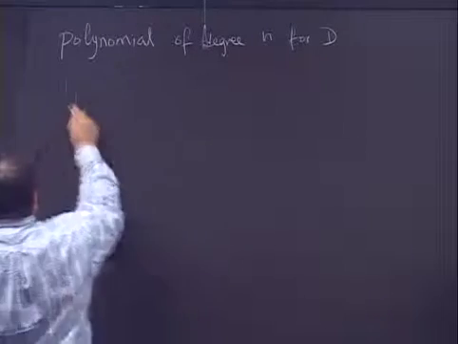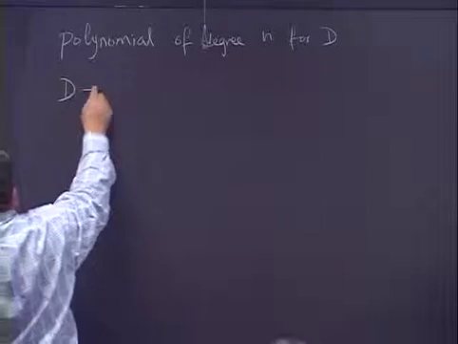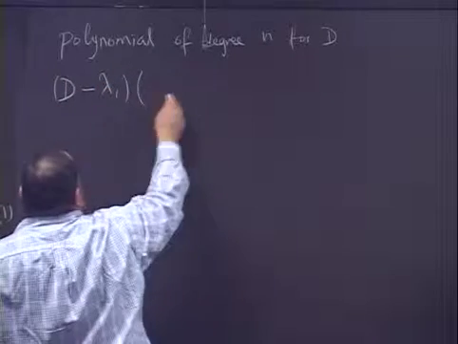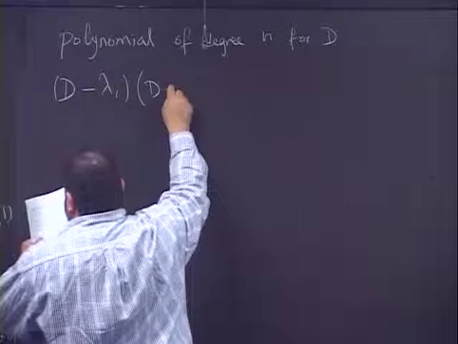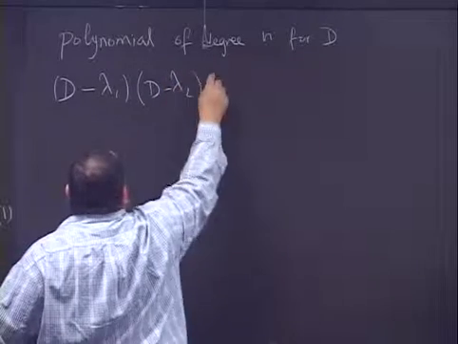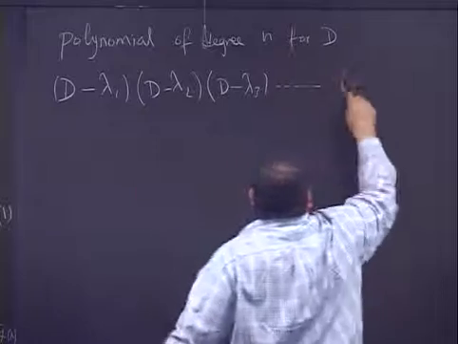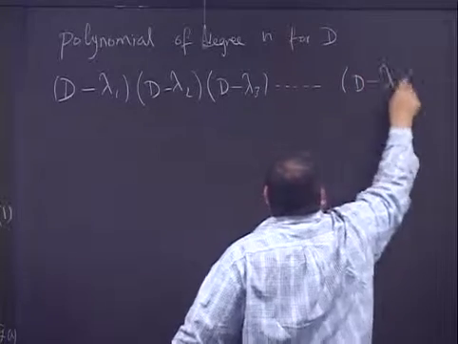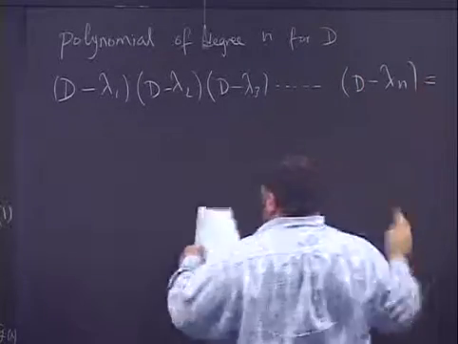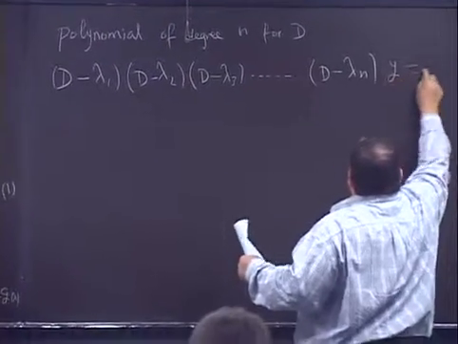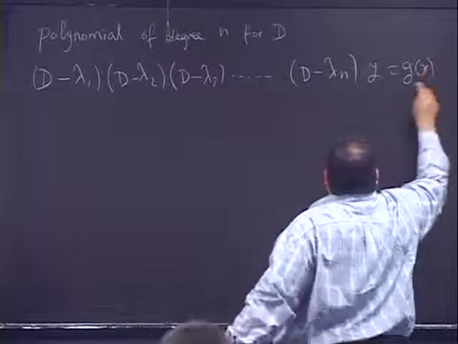So we can solve this polynomial equation, and it will give us (D minus lambda 1) multiplied by (D minus lambda 2) multiplied by (D minus lambda 3), and so on up to (D minus lambda n), multiplied by y equal to g of x.